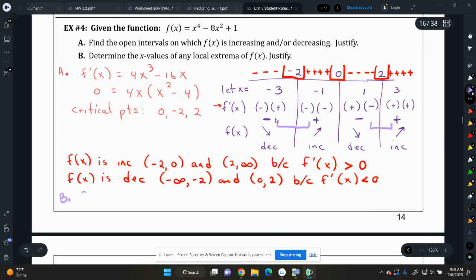So we're going to say f of x, determine the x values, right? So f of x has a relative minimum at x equals negative 2 and x equals positive 2.